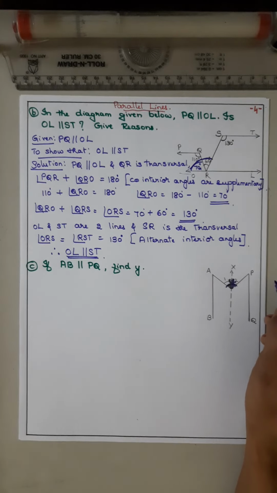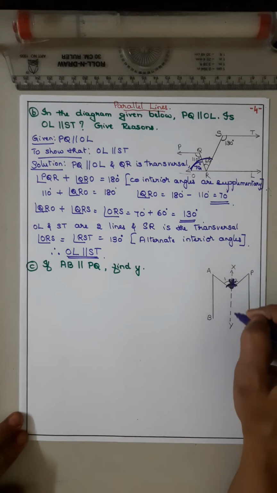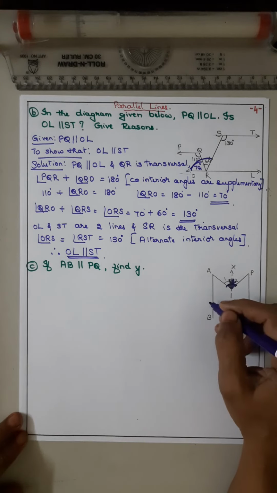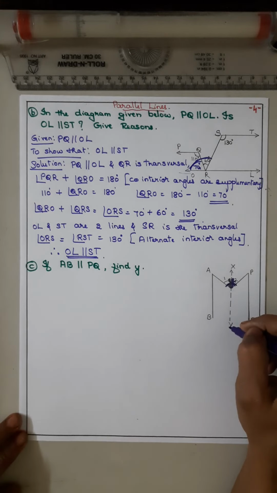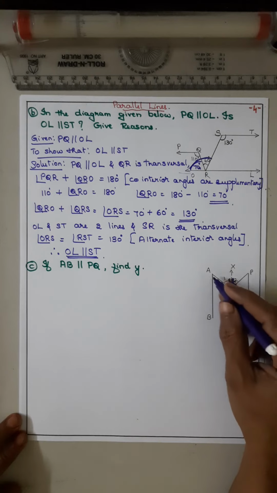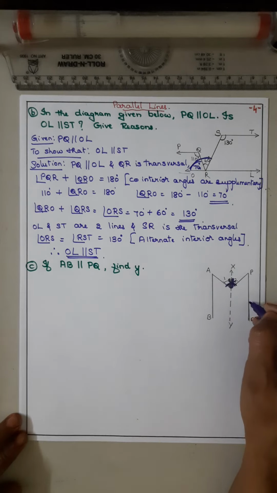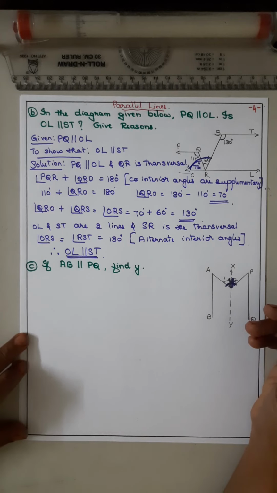You have to do some construction. First draw XY parallel to AB and PQ. Either this method you can do, or you can continue this line and use the other method. There are so many methods.